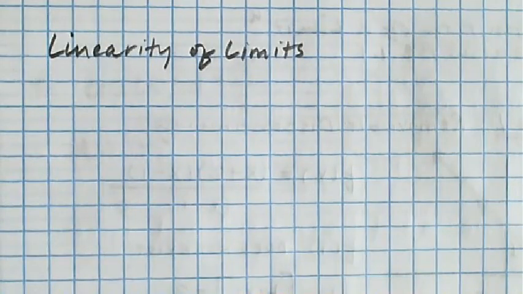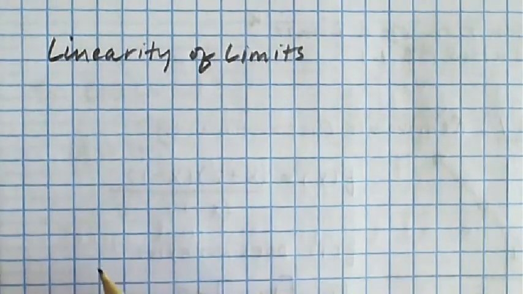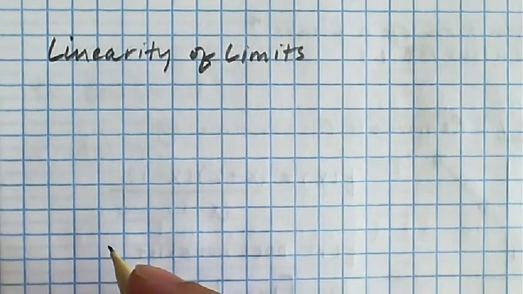All right, and the last thing I need to tell you about, because it is a little bit relevant on the homework, is the linearity of limits. It's kind of a property of limits. And I think that you would probably come to this conclusion on your own without me telling you this, but I am going to be explicit right here about it.